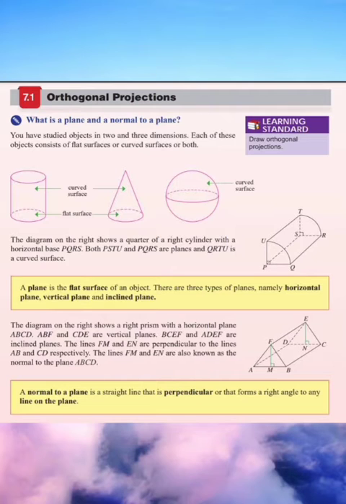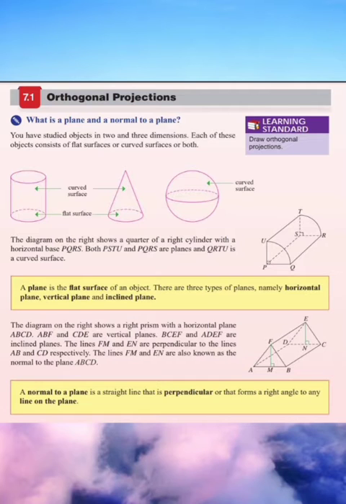Look at the example below. The diagram on the right shows a right prism with a horizontal plane ABCD. ABF and CDE are vertical planes. BCEF and ADEF are inclined planes. The lines FM and EN are perpendicular to the lines AB and CD respectively. The lines FM and EN are also known as the normal to the plane ABCD.